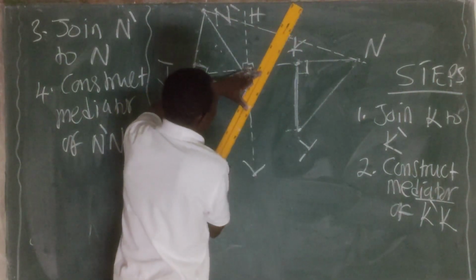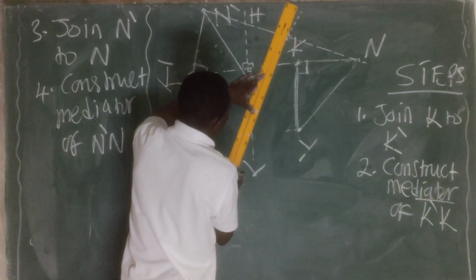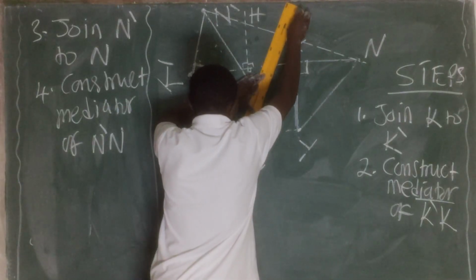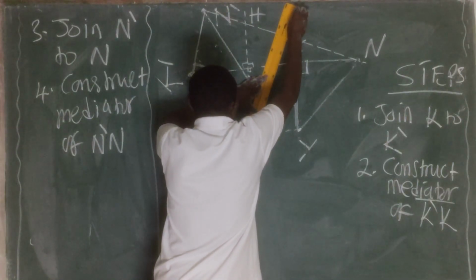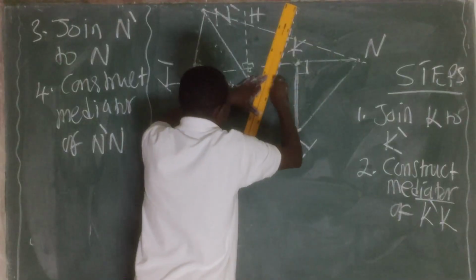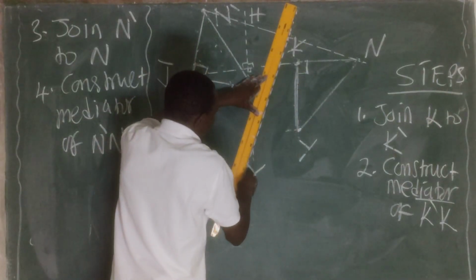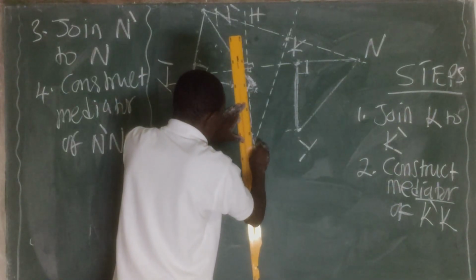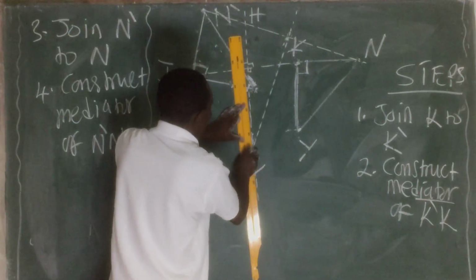But now, as you draw, make sure that the two lines which are defined as mediators are produced downwards like this, to be extended. In short, they'll go like this. The first one was this one, going down like that.